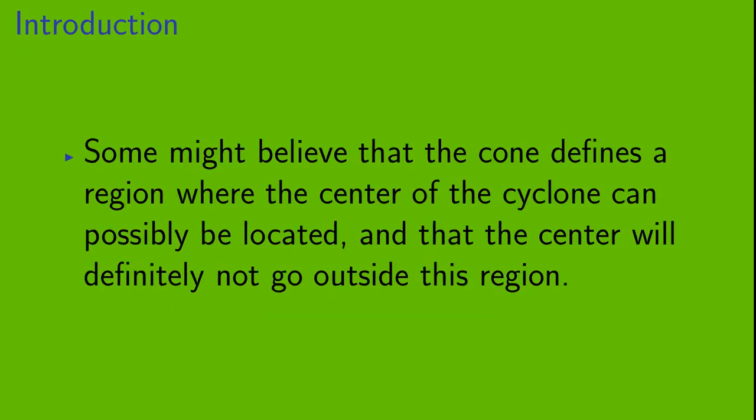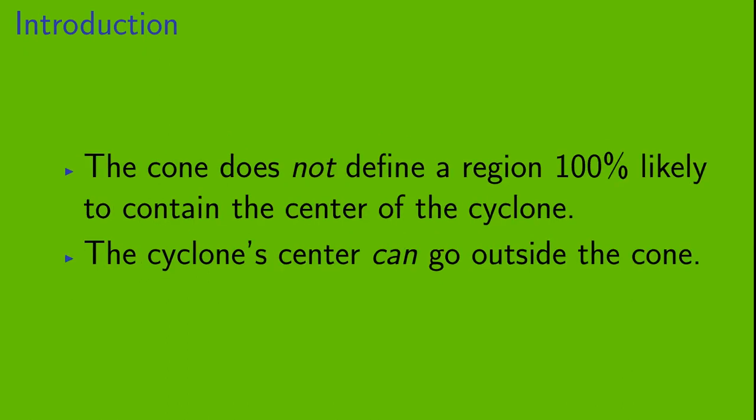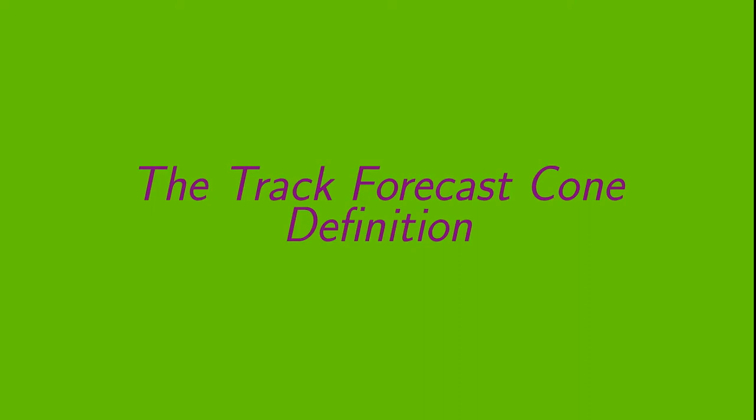Now, some might believe that the cone defines a region where the center of the cyclone can possibly be located, and that the center will definitely not go outside this region. But the cone does not define a region that is 100% likely to contain the center of the cyclone, and the cyclone's center can definitely go outside the cone. Okay, so with that, let's take a look at the track forecast cone definition.